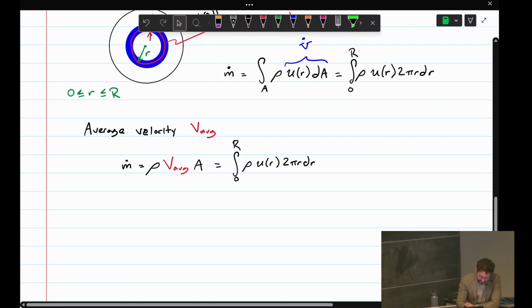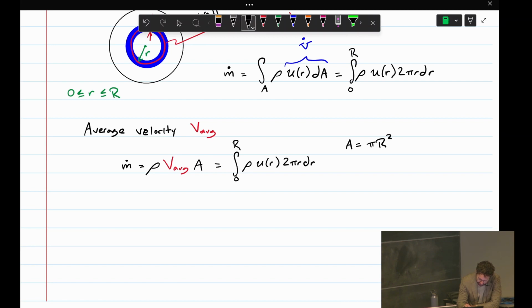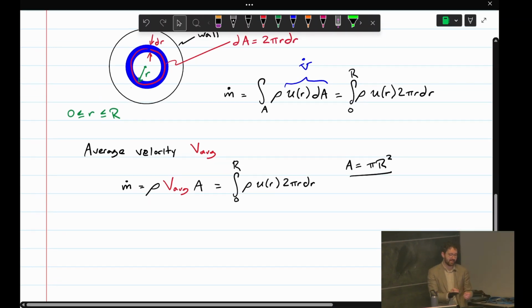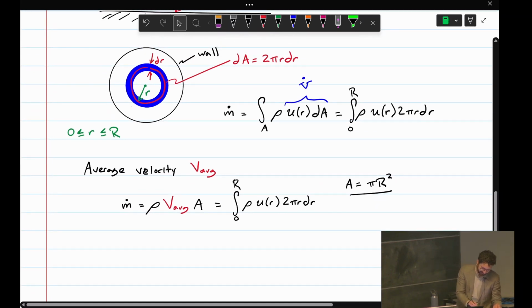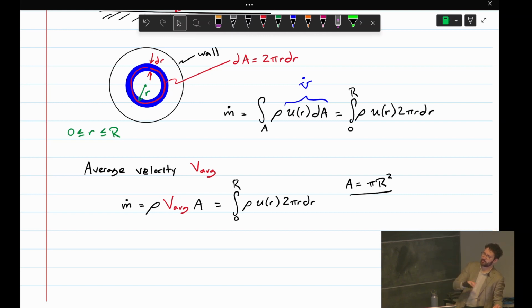This area A, just as a reminder, is the area of a circle, so that will be pi big R squared. Our differential element, the dA, was the area of a very thin element, but big A here is the whole cross-sectional area, pi R squared.